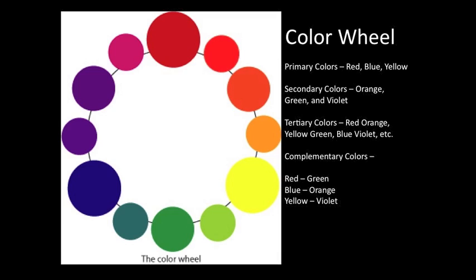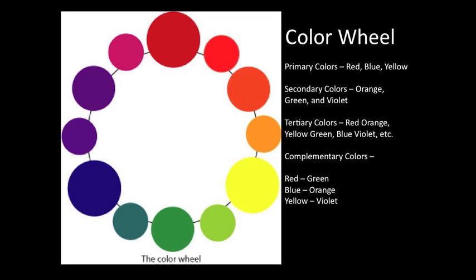This should be a larger view from your elementary days, but really truly the color wheel has 3 main sets of colors. The first ones are the primary colors, or red, blue, and yellow. The second set of colors are actually the secondary colors, that is orange, green, and violet. And the third set are those colors that are in between both the primary and the secondary colors, and they're called the tertiary colors. Things like red-orange, yellow-green, and blue-violet.